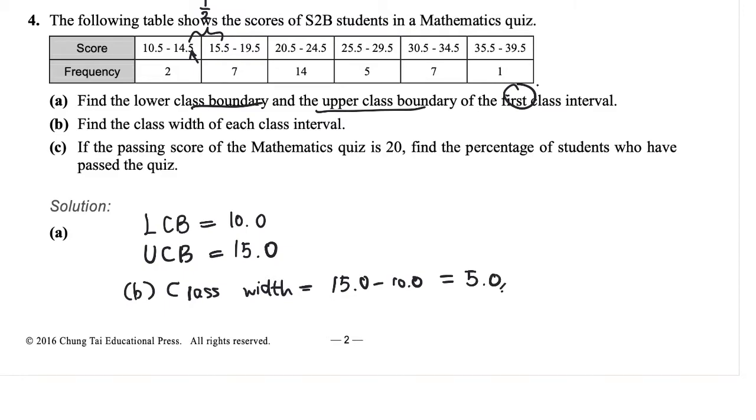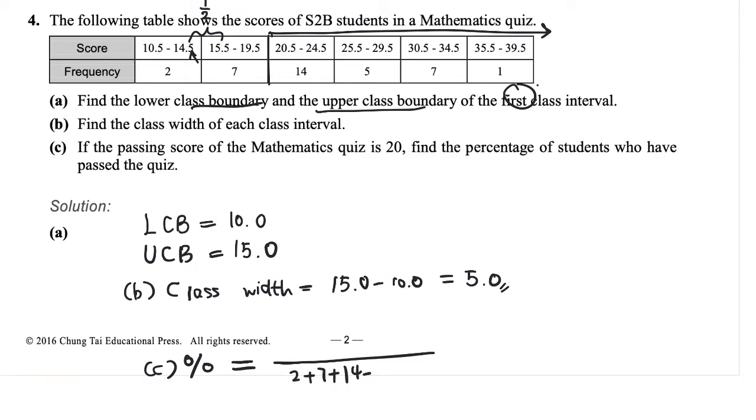Okay, and now if the passing score is 20, find the percentage of the students who have passed the quiz. Okay, that means now you have to consider these students only. That means the percentage equals, the total number will be 2 plus 7 plus 14 plus 5 plus 7 plus 1.